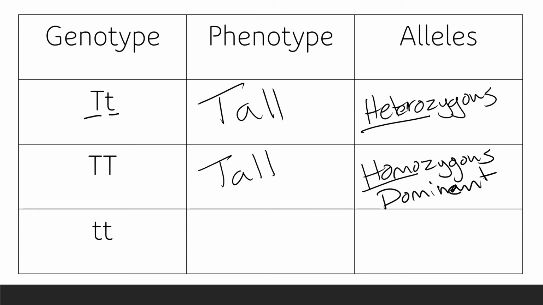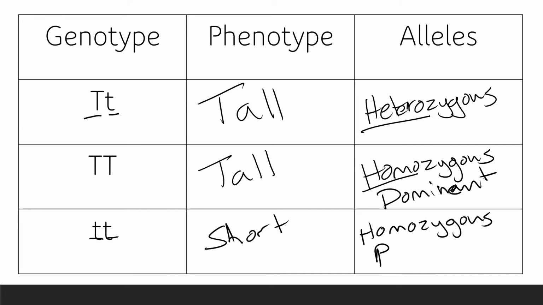And when we have two little t's, this is going to be a short plant because there is no dominant gene to overshadow the short gene. We are going to call these also homozygous, but now it's going to be homozygous recessive.